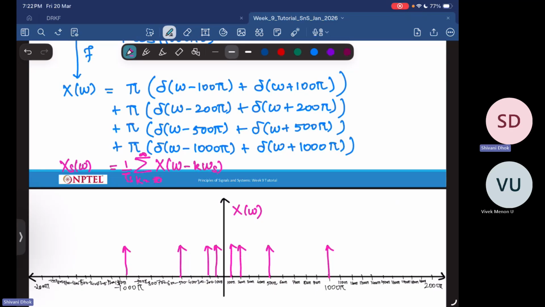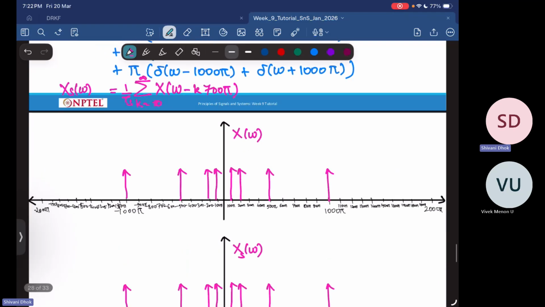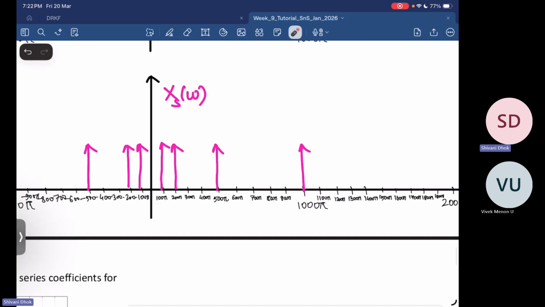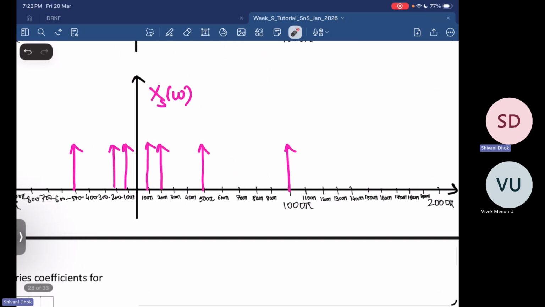So at every integer multiple of your sampling frequency, omega s is what? 700 pi. At every integer multiple of 700 pi, you will start getting replicas of this entire thing. So it will get shifted to 700, 1400, 2100, 2800, and so on. Okay, so the first replica that you will see will be at 700 pi.